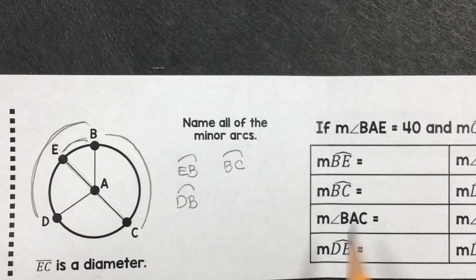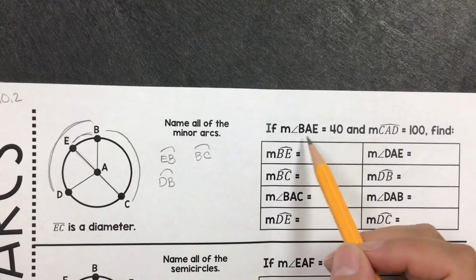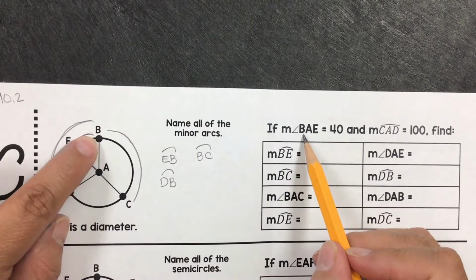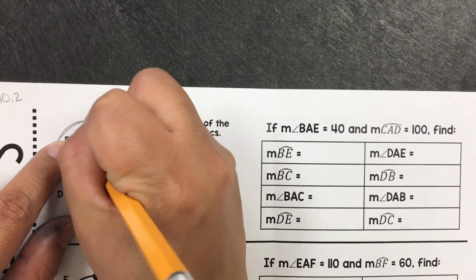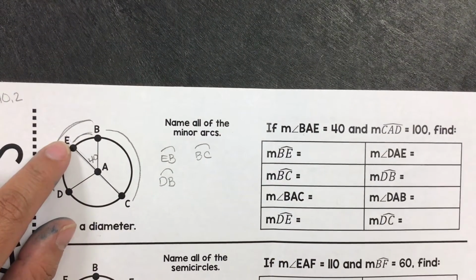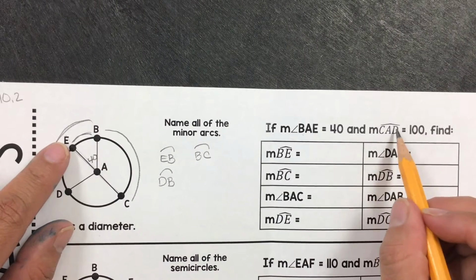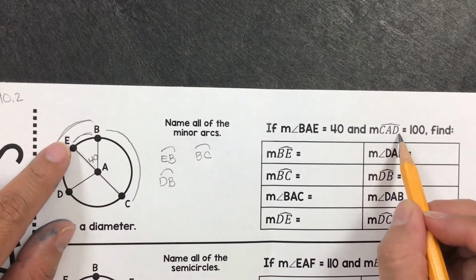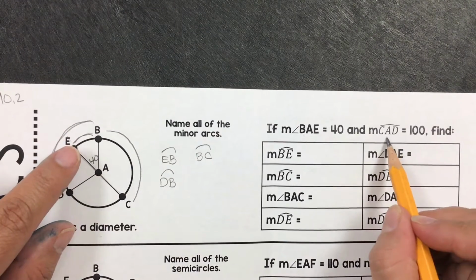Let's go ahead and do the problems that are on the side. It says that BAE is the angle, and that's this 140. I believe I made a mistake on this note, so it's supposed to be the angle measure of CAD, because we don't define an arc by the center.